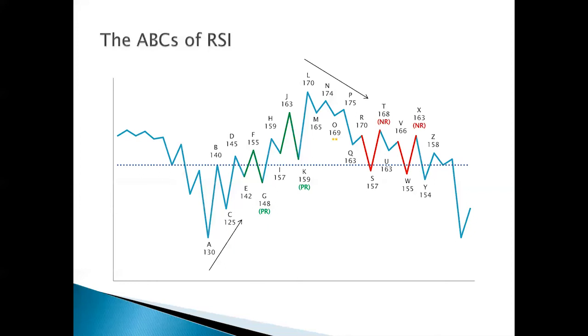Then it sold off from H to I, but it never achieved 161. But 157 was still above the previous high at 155. What was a top became a bottom. Then it rallied, it achieved the 161 target when it went to J at 163. Sold off into what? Another positive.